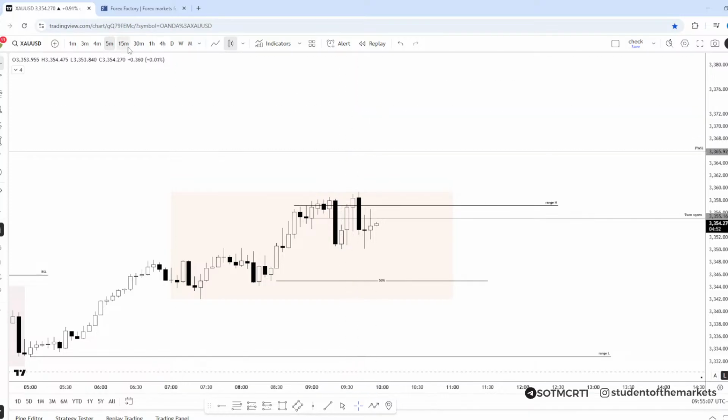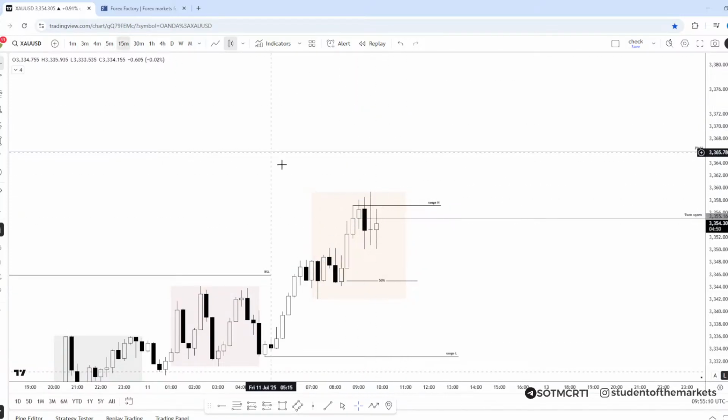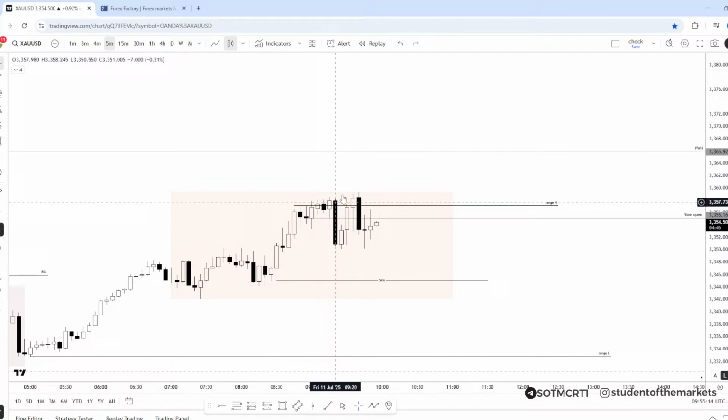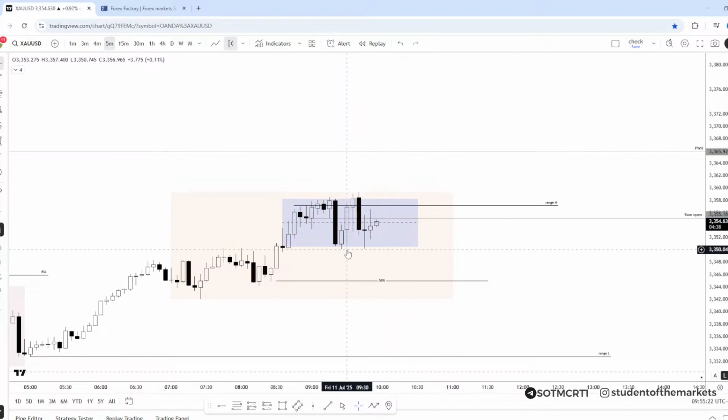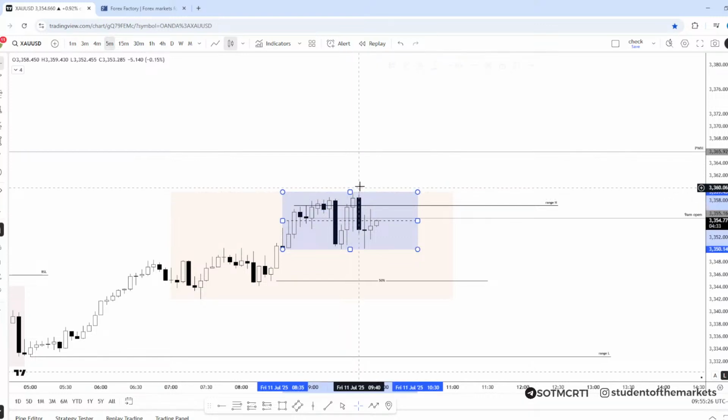And for me to take sells, I need more information, guys. On the 5 minute, you can see that price is in the range from this level to this level. We did take out highs, we did take out lows. So this is the range now, and price still does nothing.